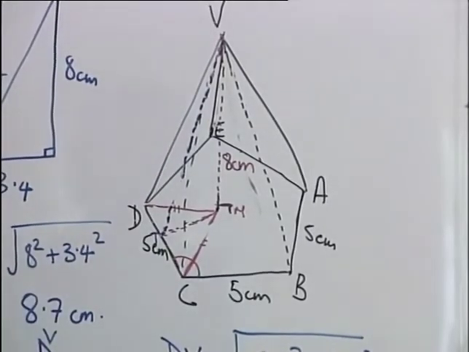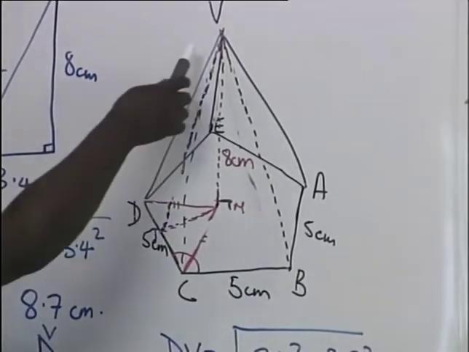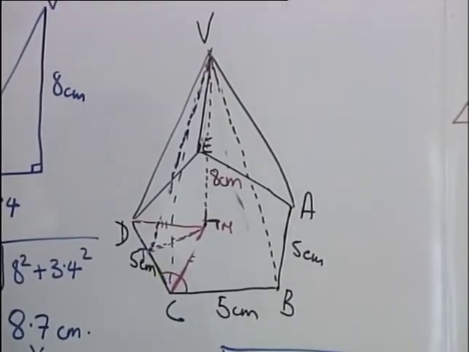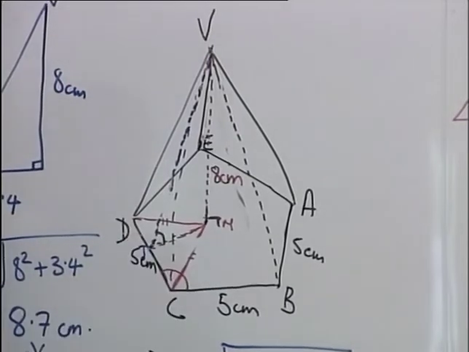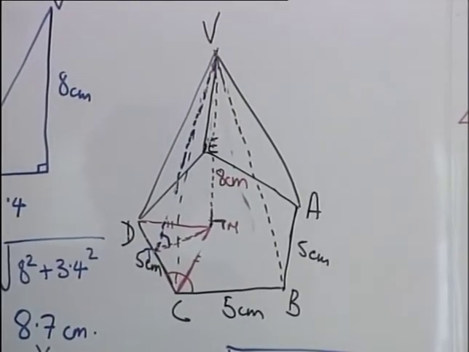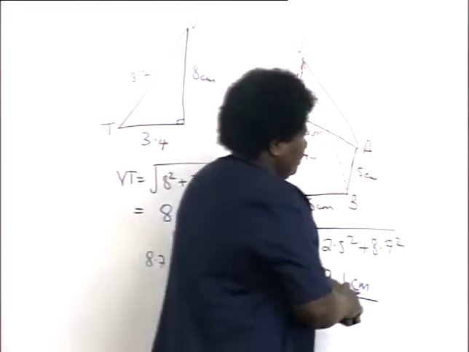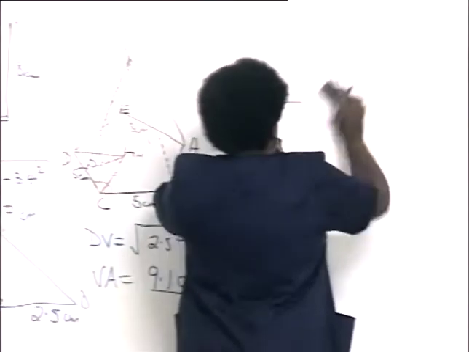It will be the same as the angle between the face VCD and the base. Is it this one? Did we find it? No, not yet. Okay, I'll remove this.